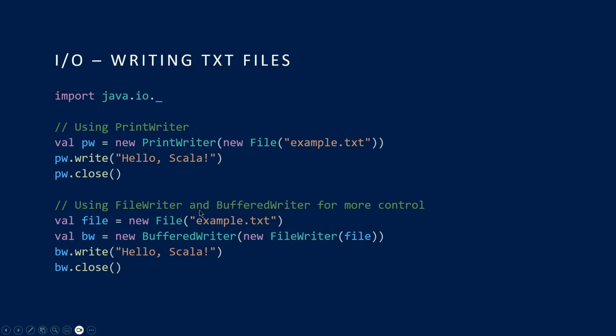But I can also use this thing called FileWriter and BufferedWriter. It does apparently give you more control. I don't know exactly why at the moment, because I've just wanted to show a couple of examples, and these both work well. But there's certain ways you can do things in Scala where you can get more control over things, and I believe that FileWriter and BufferedWriter enable you to do that.